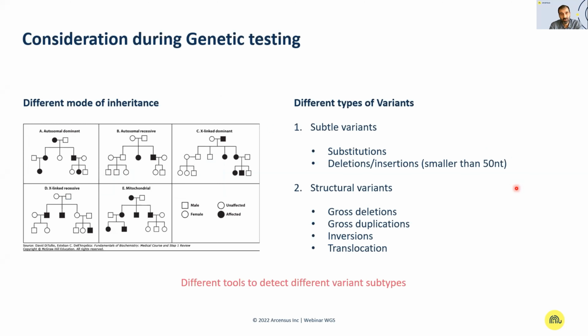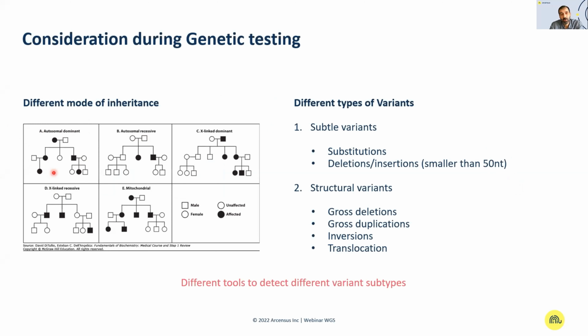So when it comes to genetic testing, there are two main things that one needs to consider. First of all, there is a different mode of inheritance, and of those, I would like to mention a few. We have the autosomal dominant mode of inheritance, meaning that there is a single variant present in either the father or the mother that can be inherited from parent to offspring.